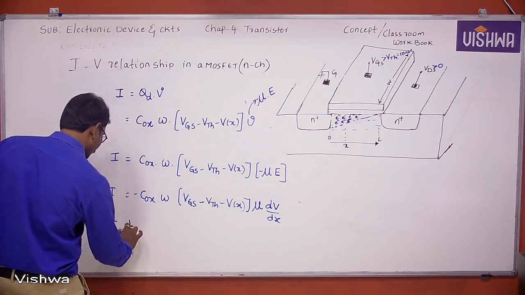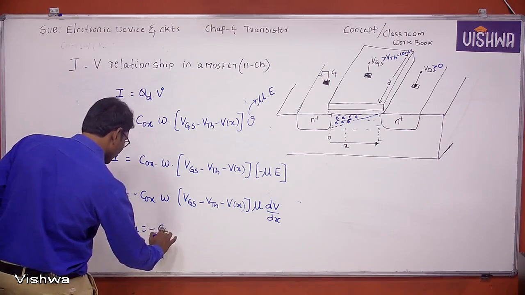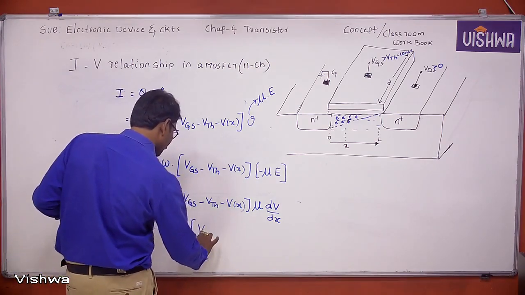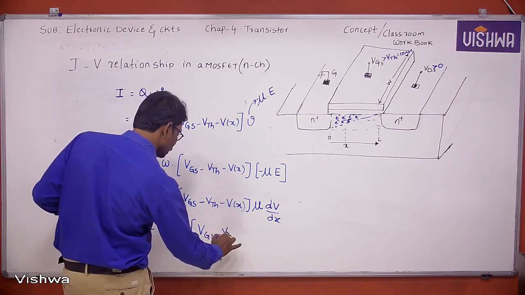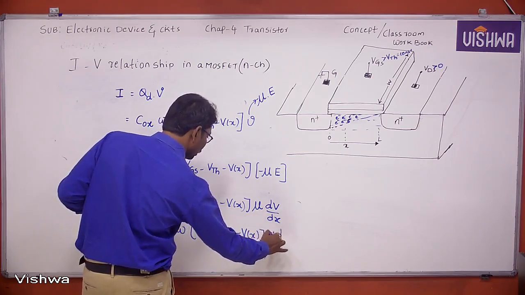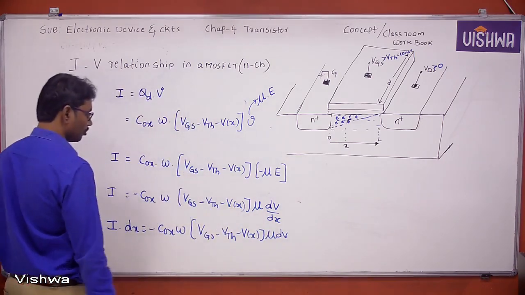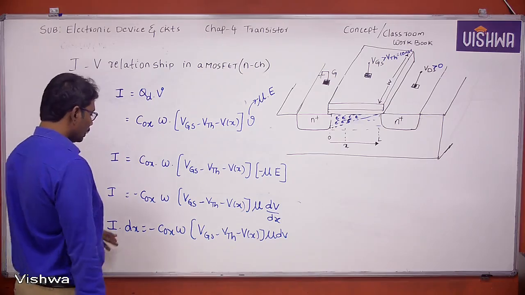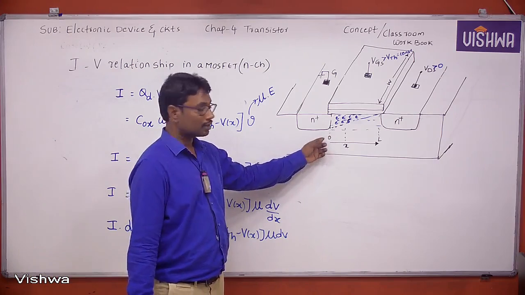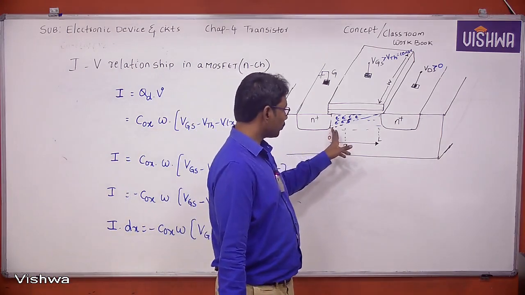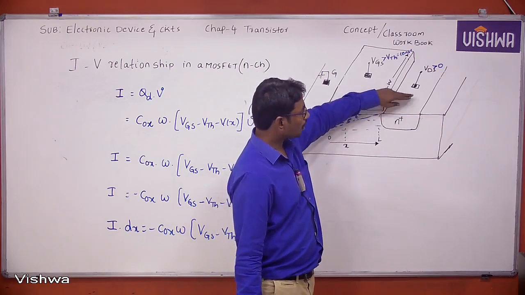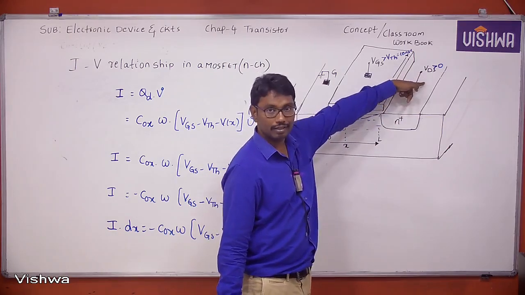I into dx equals COX into W into (VGS minus VTH minus V of X) into mu into dV. Now you can integrate this equation with boundary conditions. The channel varies from 0 to L, and the voltage varies from 0 to VDS.